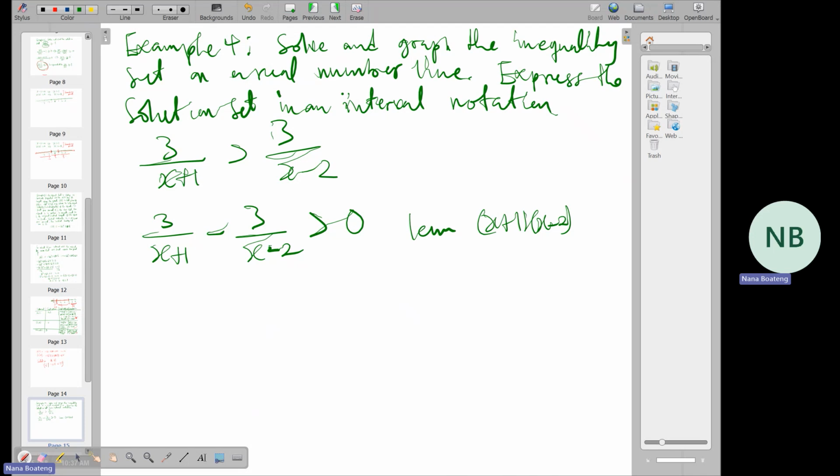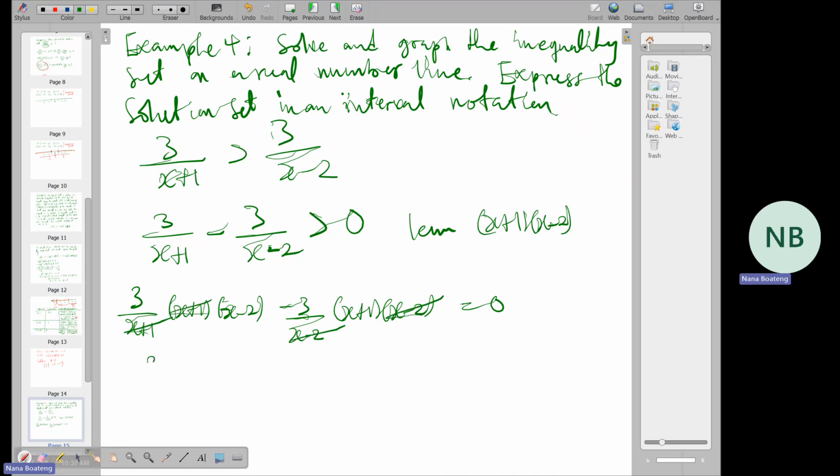So if we multiply through by the LCM, we have 3 times x plus 1 times x minus 2 divided by x plus 1, minus 3 times x plus 1 times x minus 2 divided by x minus 2. And so x plus 1 cancels out, and x minus 2 divides x minus 2.